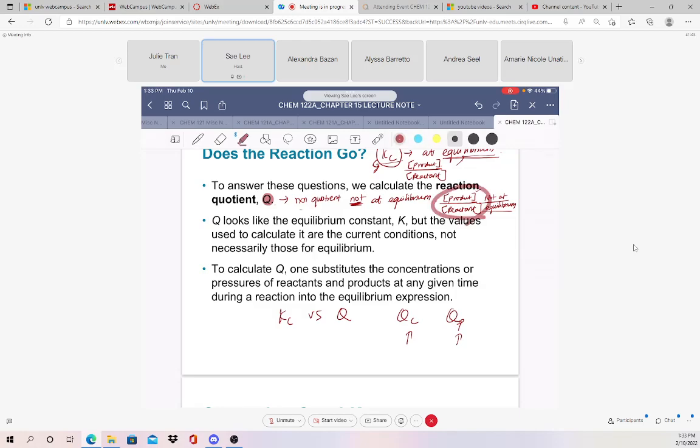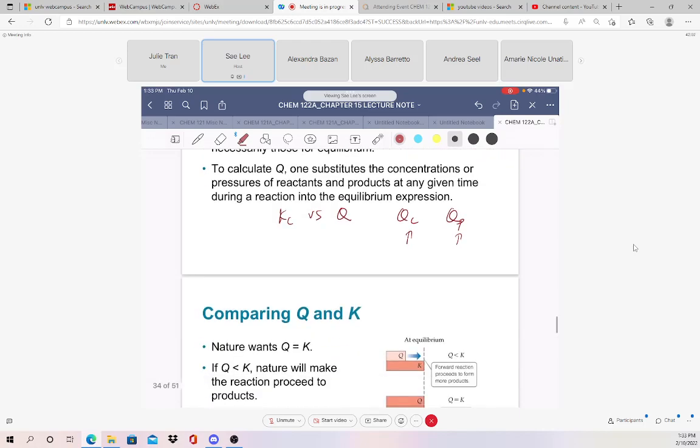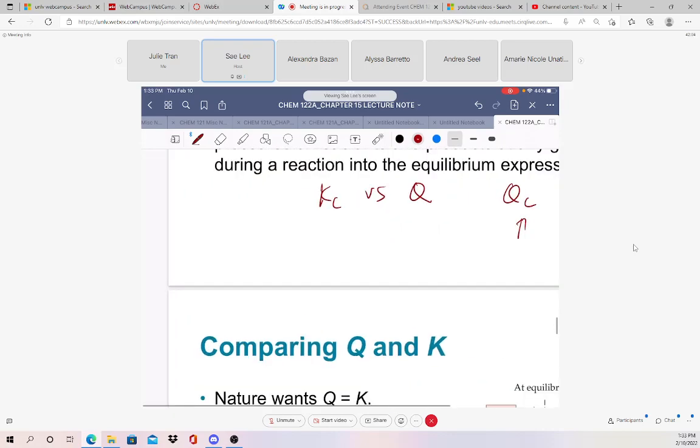K and Q basically have the same formula: concentration of product over concentration of reactant. But K uses concentrations at equilibrium, while Q uses concentrations not at equilibrium. Again, why is Q important?